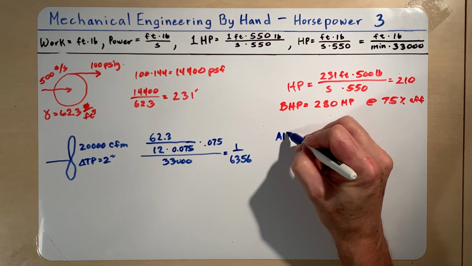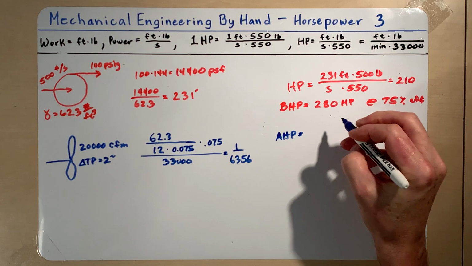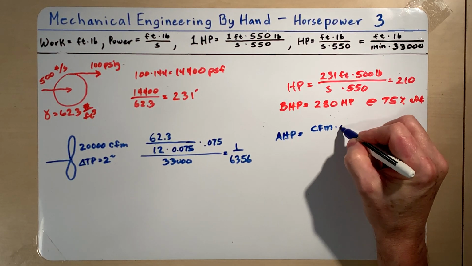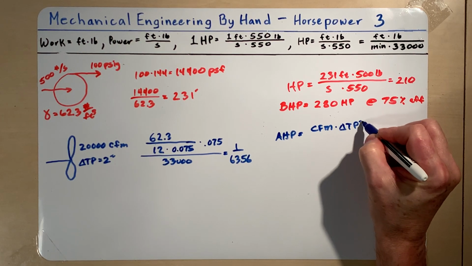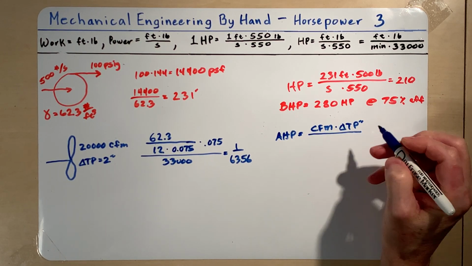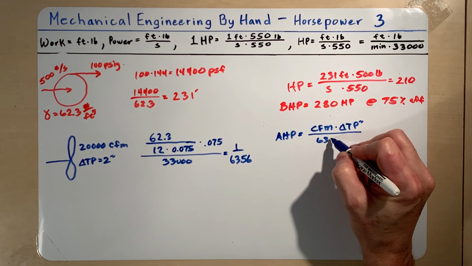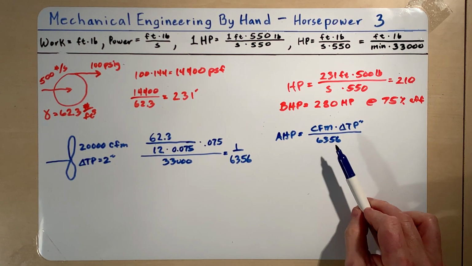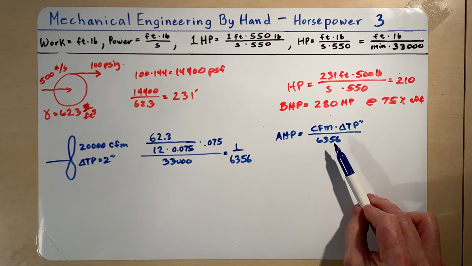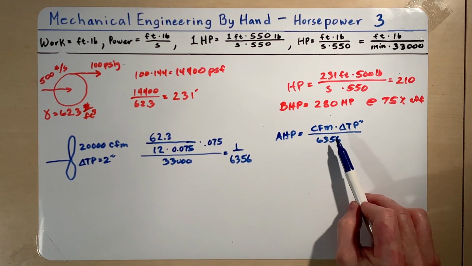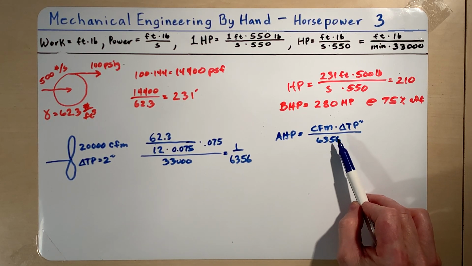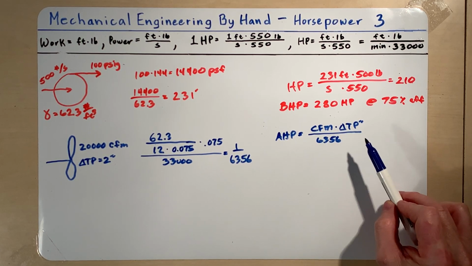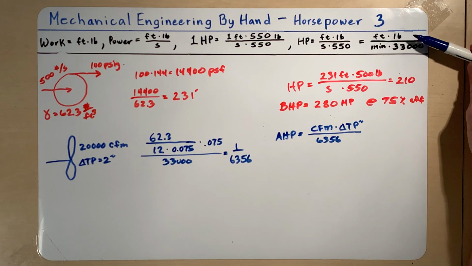I'll write it out. Air horsepower equals CFM times change in total pressure in inches of water divided by 6356. So what this is doing is converting inches of water pressure to feet of air, and using the density of 1 cubic foot of air, it all converts back to this equation.